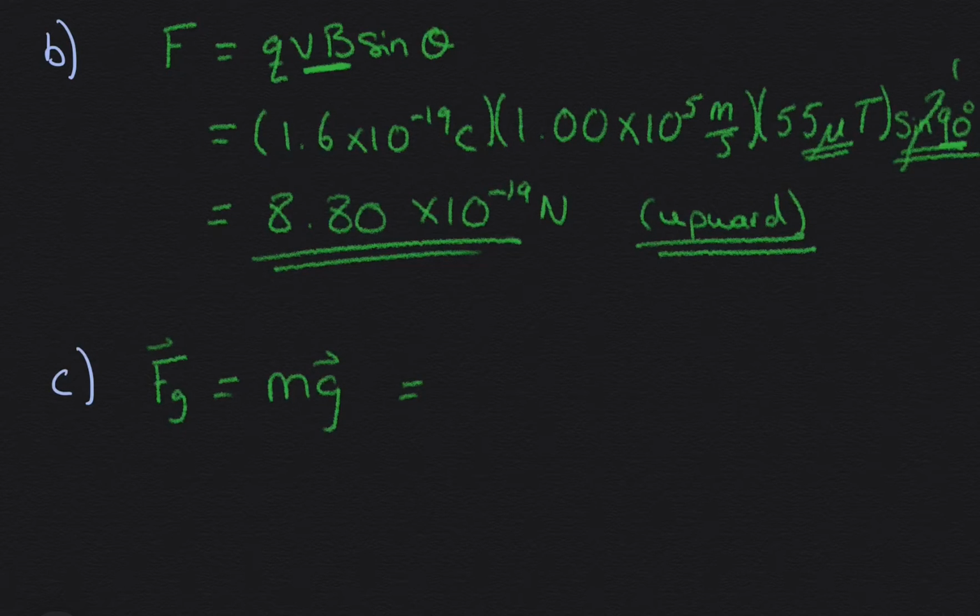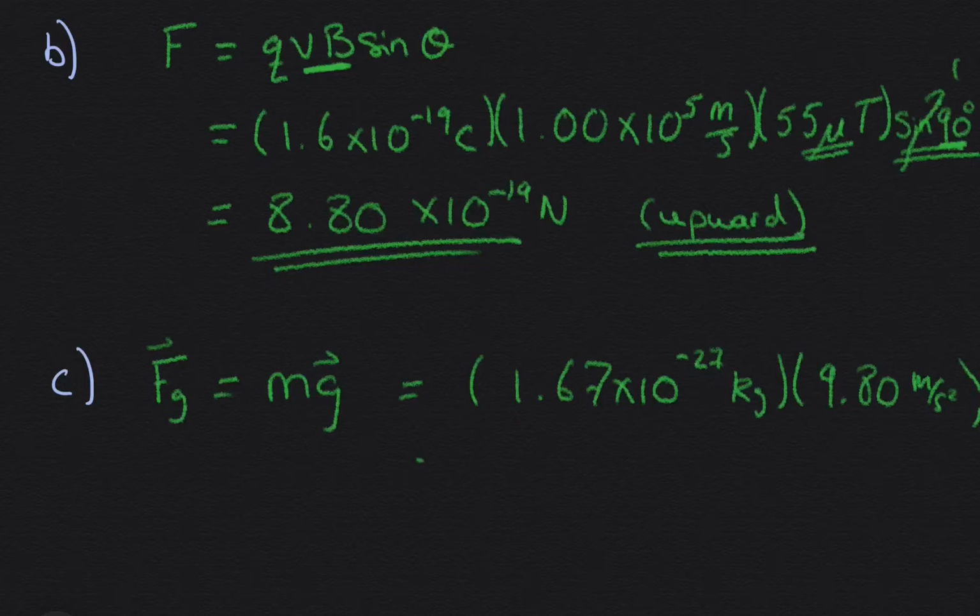So the force of gravity is the mass of the proton, 1.67 times 10 to the negative 27 kilograms, multiplied by 9.80 meters per second squared, and we have 1.64 times 10 to the negative 26 kilogram meters per second squared, which we call a newton.